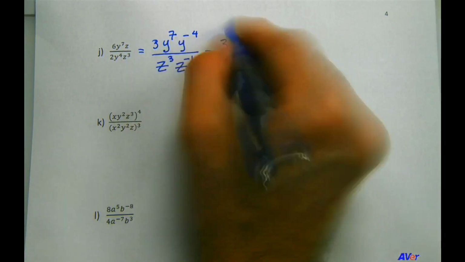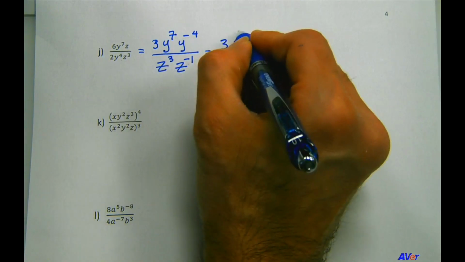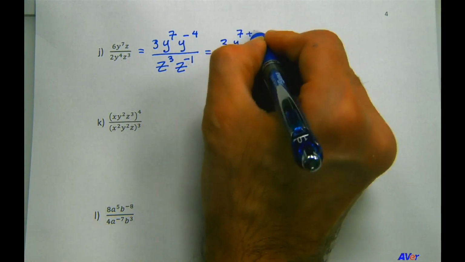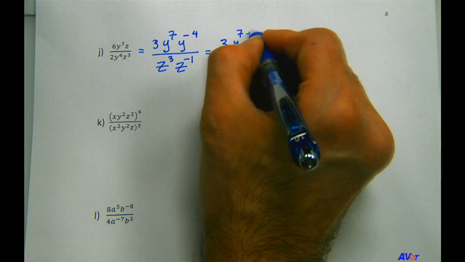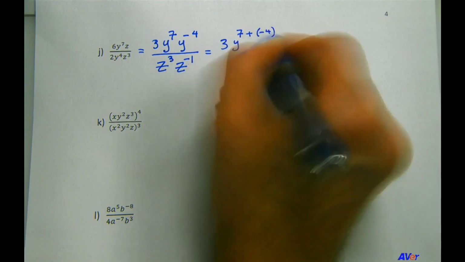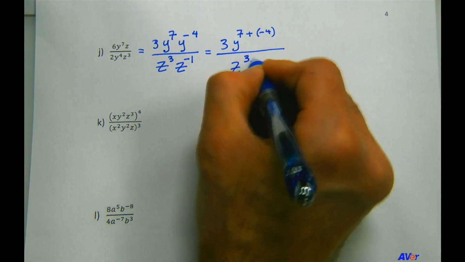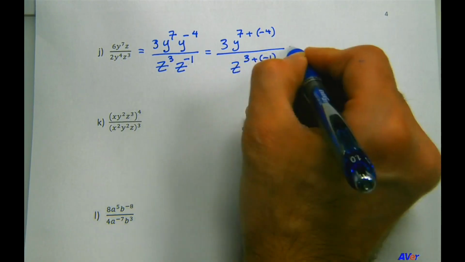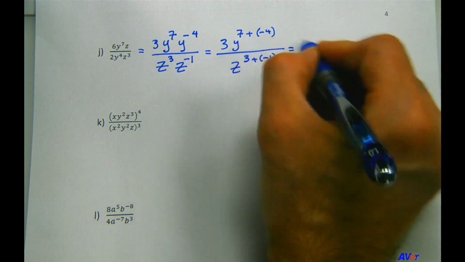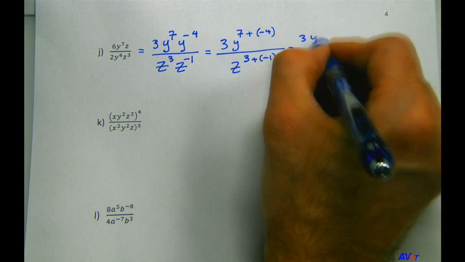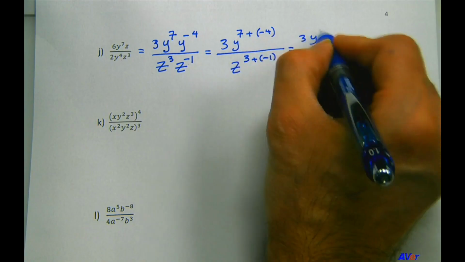So 3 times y to the 7 plus negative 4, divided by z to the 3 plus negative 1 power. So 3, let's combine this, 7 minus 4, cubed.